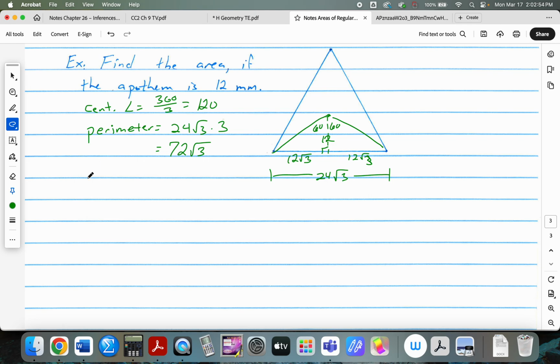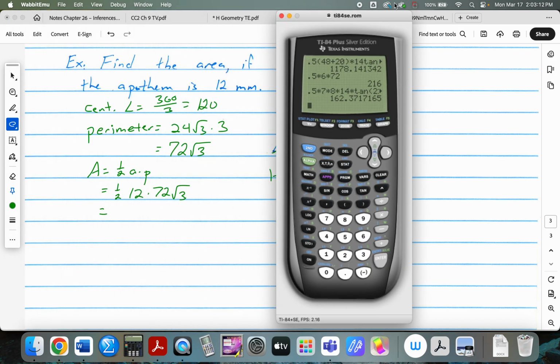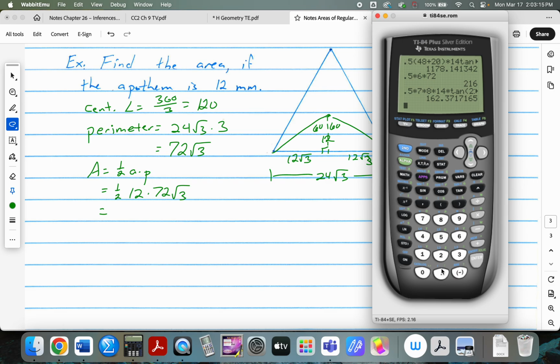And now I'm ready to find the area. The area is 1/2 apothem times perimeter. So it'd be half times 12 times 72 square roots of 3. The numbers are a little on the big side, so we'll do 0.5 times 12 times 72 should be 432.